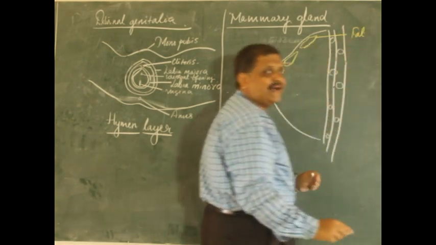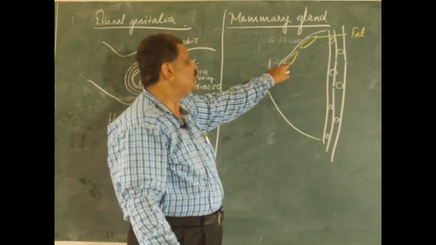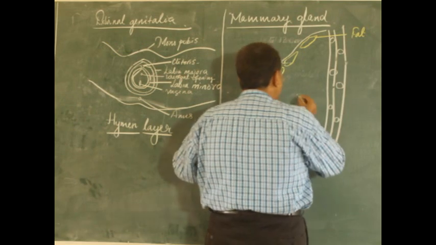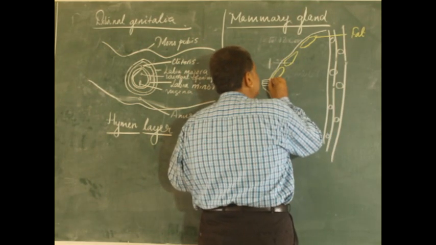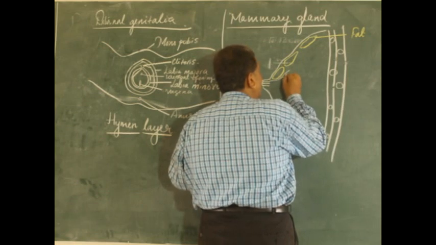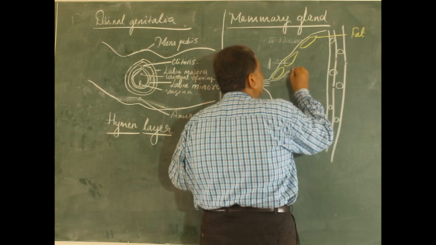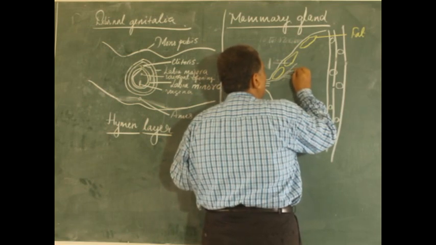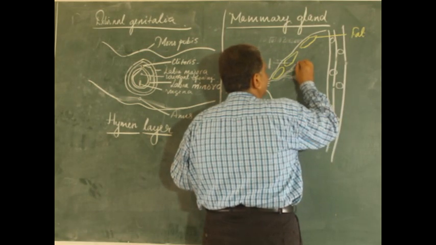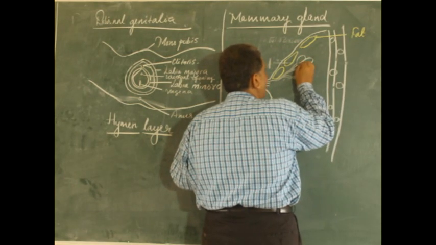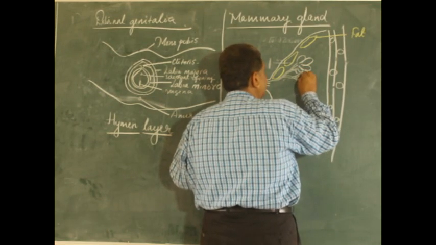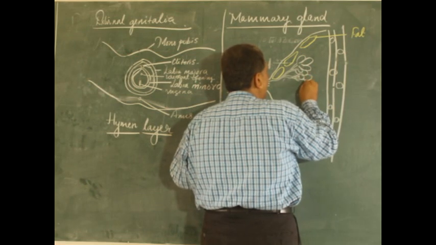What is the importance of fat there? It is responsible for maintaining the temperature of the milk which is produced inside. And here you can see the presence of many tubular structures. There are 15 to 20 mammary lobes. They are made up of small sac-like structures called alveoli.